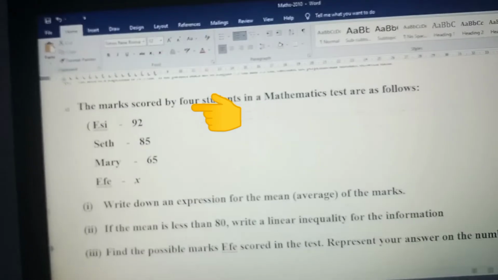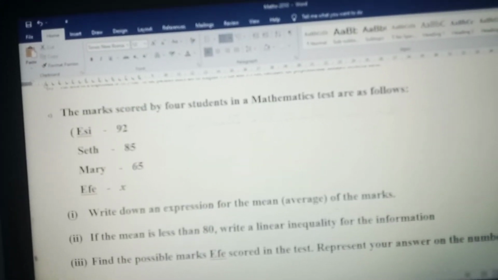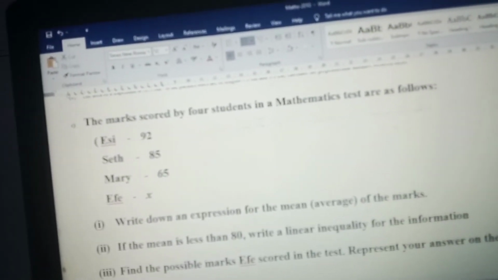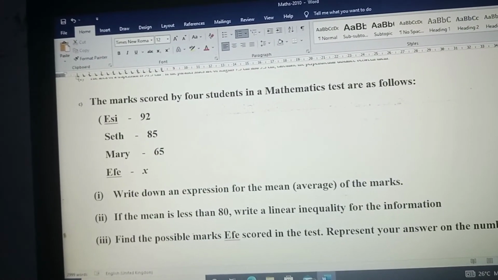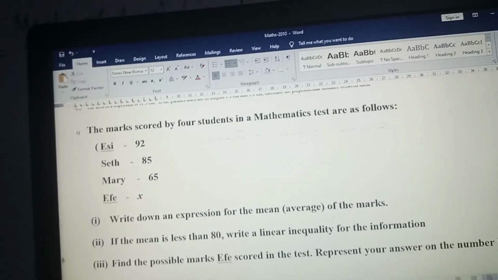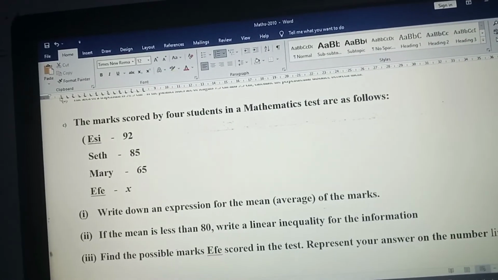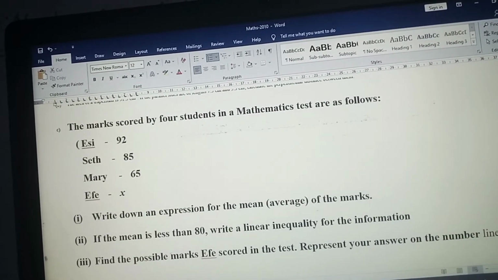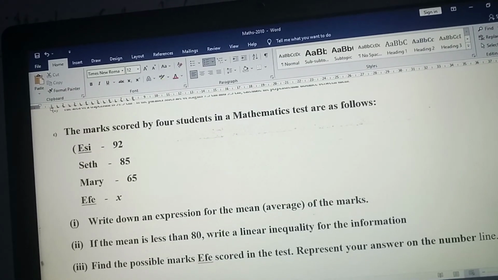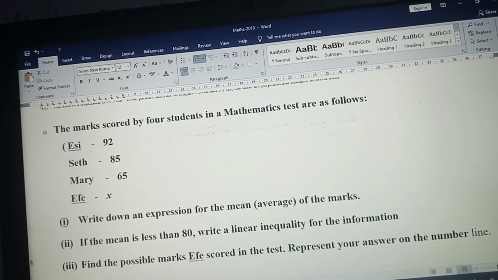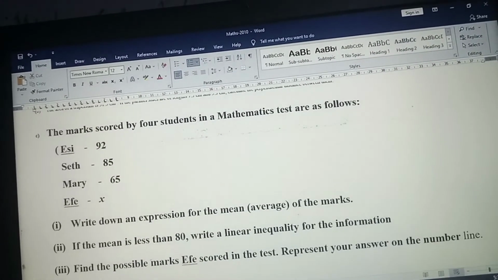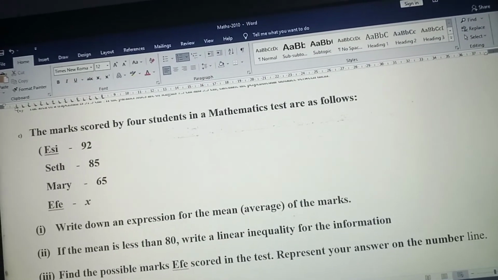Now we are asked to write down an expression for the mean or the average of the marks. Note that mean also means average. So mean and average are talking about the same thing. The second one says that if the mean is less than 80, we should write a linear inequality for the information. The last one says to find the possible marks Ife scored in the test.